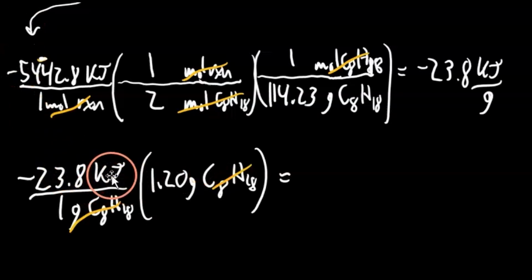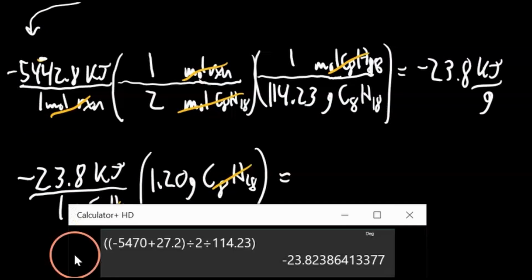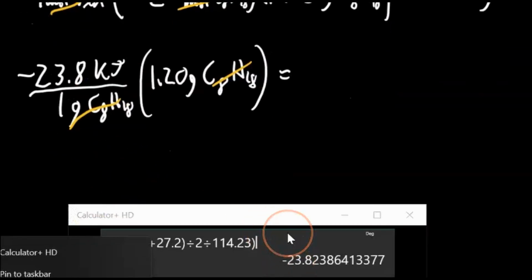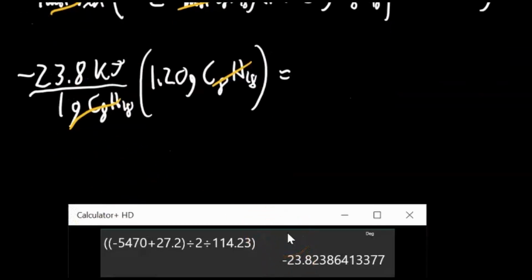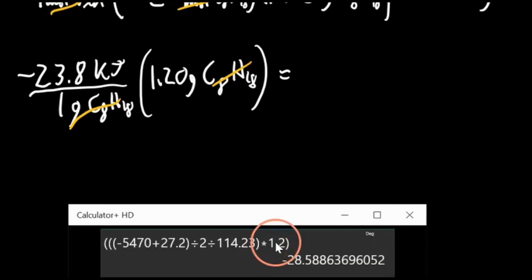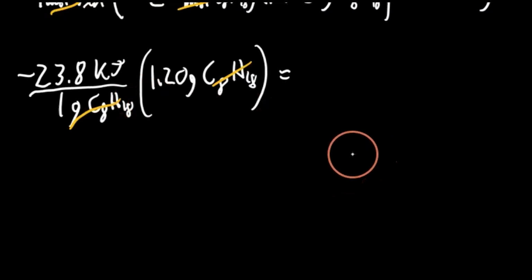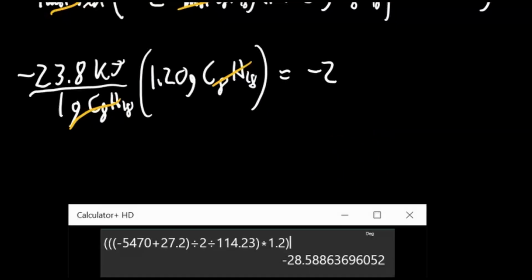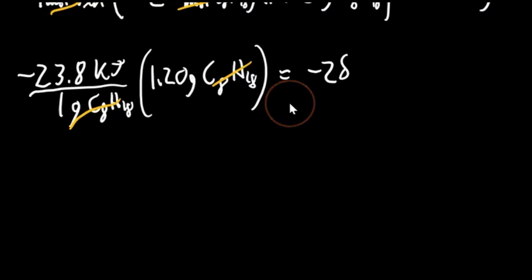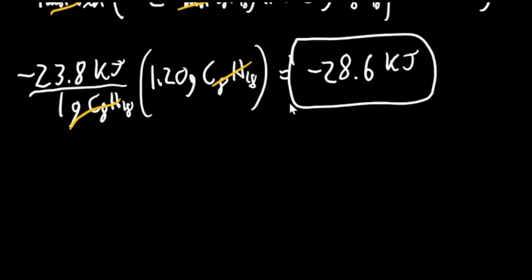So that's how many kilojoules are released for this many grams. And we still got the number there, so times 1.2 is negative 28.6, because we have 3 sig figs. So negative 28.6 kilojoules released for every 1.2 grams of octane.